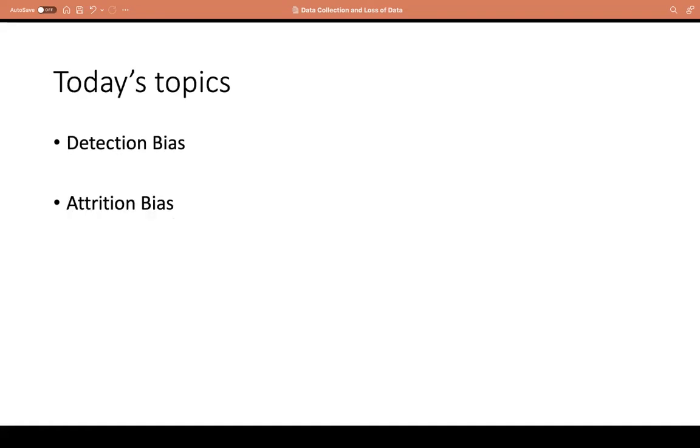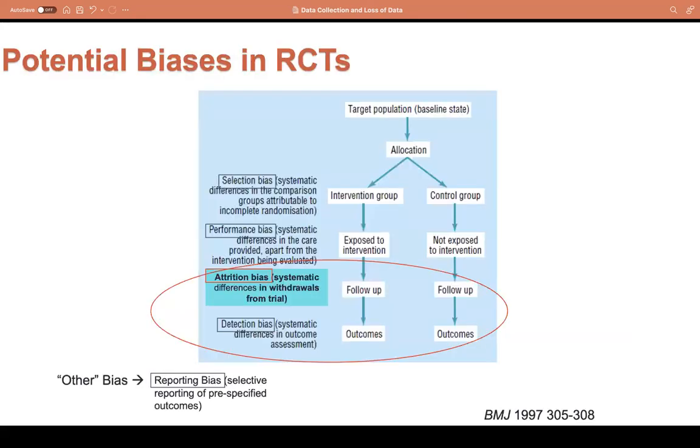So this lecture's topics are detection and attrition bias. If we look at our schematic here of an RCT, you'll see we identify our target population at the top. People are allocated, so randomized, to either an intervention or a control group. This is where selection bias may be introduced if this randomization is incomplete or ineffective.